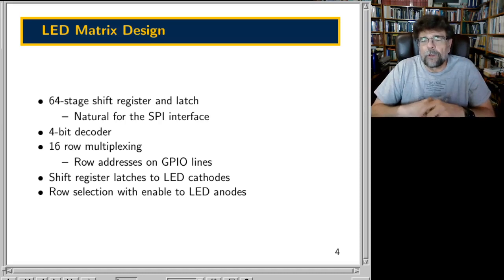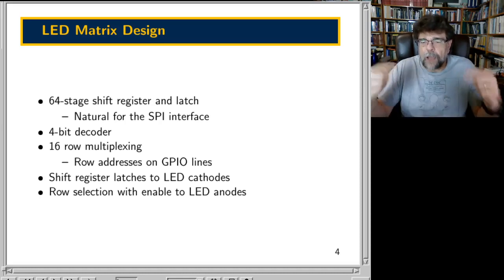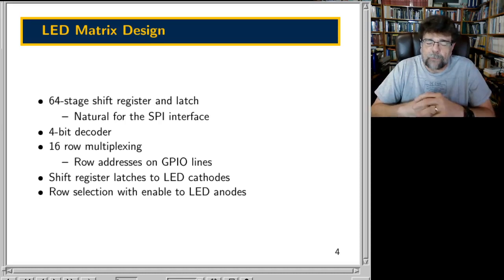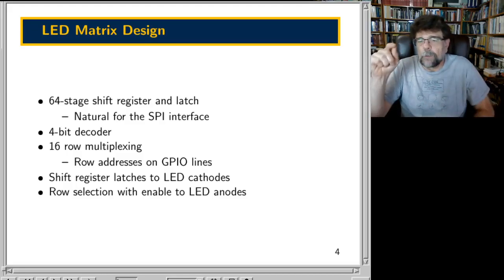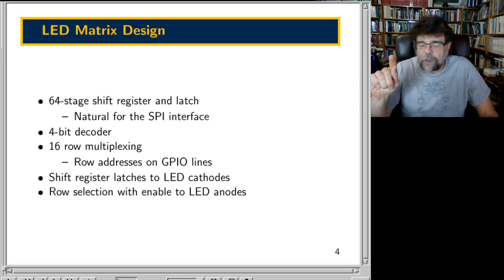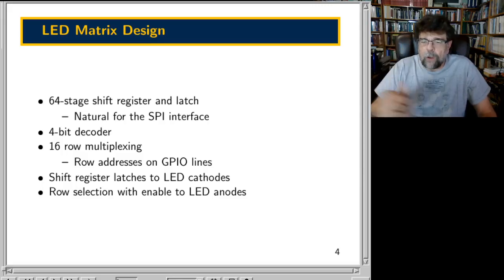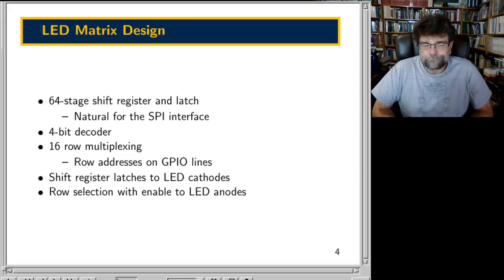You pulse the latch signal, and then it copies the values from the shift registers into the latches. Those latches then are connected to one side of each LED within a row. So a given position of the shift register will be connected to all of the LEDs in a column.